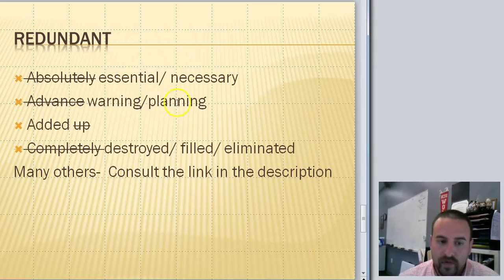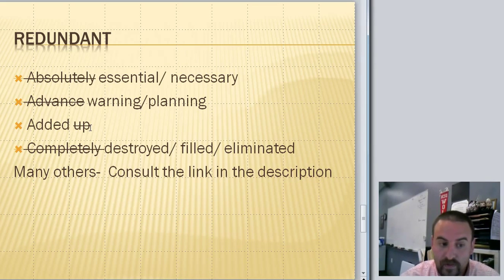Advanced warning or advanced planning, well, all warning is going to be done in advance of an event. Planning is going to be done in advance of an event. So you don't need advance there. Added up, well, yeah, all things are going to be added up. So all you have to say is that these numbers were added. Completely destroyed, filled, eliminated.